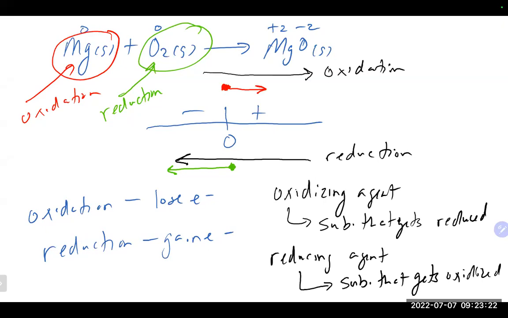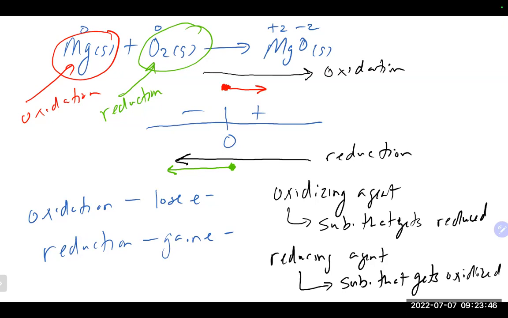The reducing agent is the guy that gets oxidized. If he gets oxidized, he's going to lose electrons, which means somebody else will then have to gain those electrons and be reduced. So when we talk about the oxidizing agent and the reducing agent, it is different than being asked what is being oxidized and what is being reduced. You want to make sure you keep those two things straight.